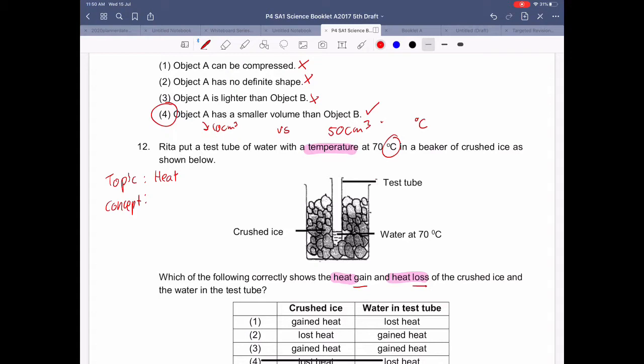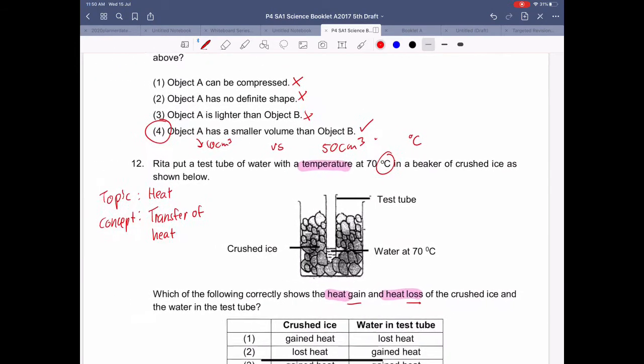So these two words will hint you that it's talking about the transfer of heat. This is the concept. And straight away when you talk about heat transfer, it should bring you to the very important rule, which I've repeatedly told you.